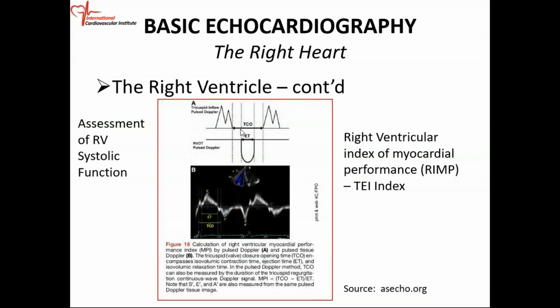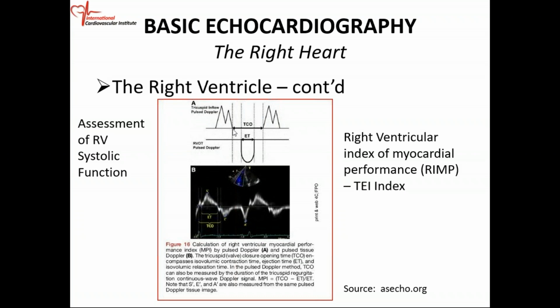Then blood in the RV is going to be ejected across the pulmonary valve, and then you have your tricuspid valve opening again, E velocity, A velocity. Remember that, and the same thing happens on the left side with the mitral valve.